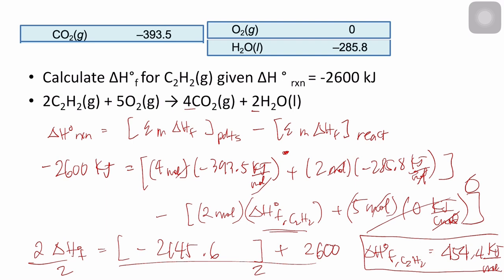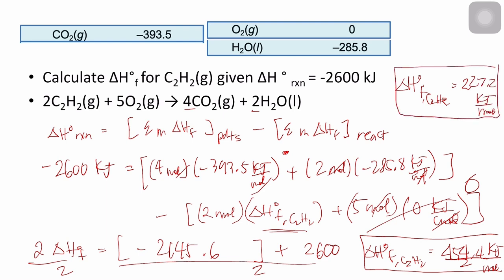I think we haven't divided by 2 yet. This is still divided by 2. So it's 227.2 kilojoules per mole. This is still per 2 moles.